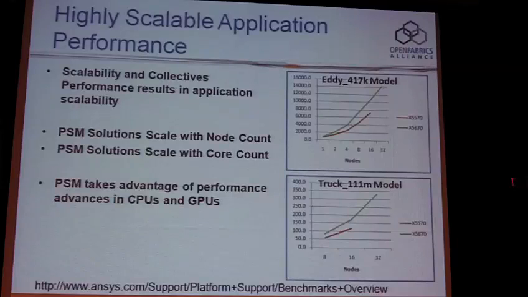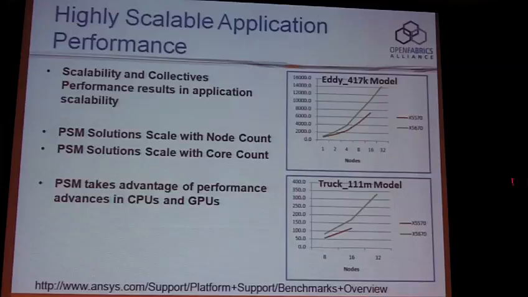This all then translates into application scalability. So collectives are a key part in the scalability of most applications. For example, in Fluent, one of the challenges in scalability is how collectives are used and making sure they perform well. By taking this approach, the results here are an example with QDR as we moved from Nehalem to Westmere.